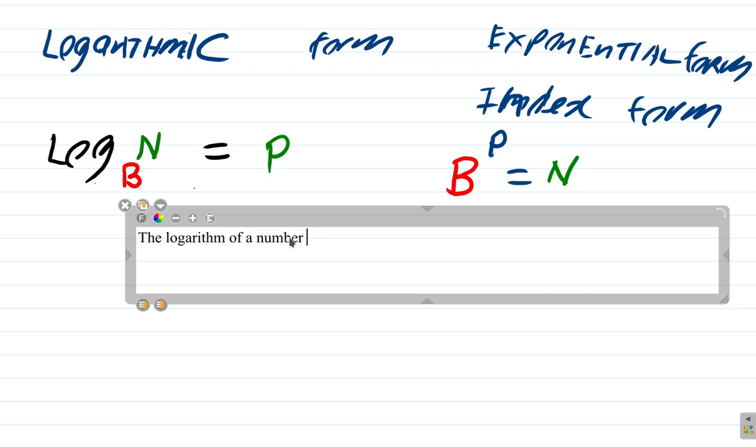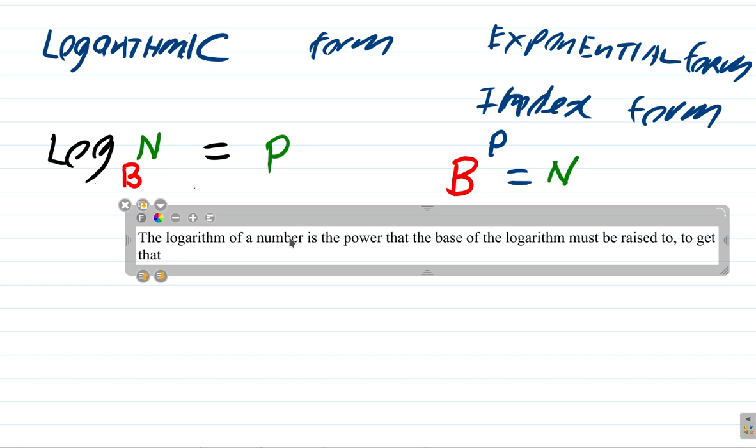The logarithm of a number is the power that the base of the logarithm must be raised to in order to get that number.